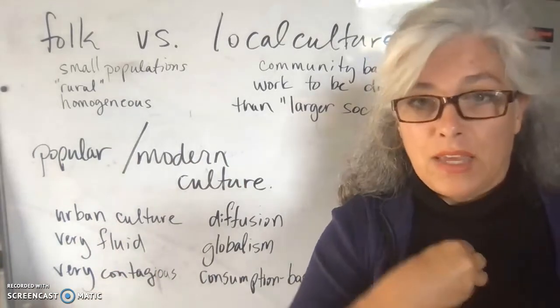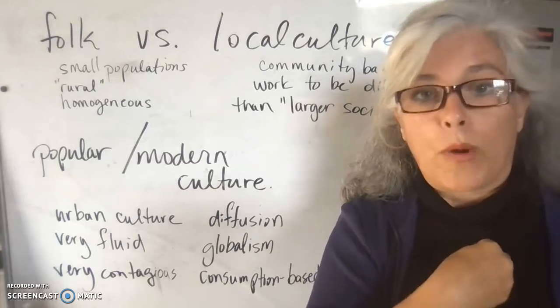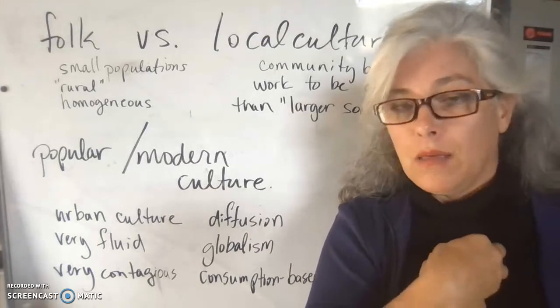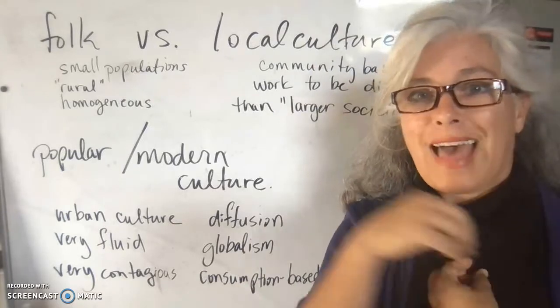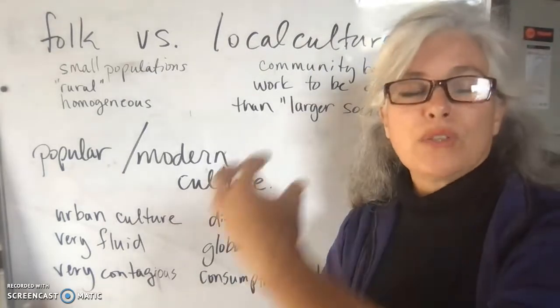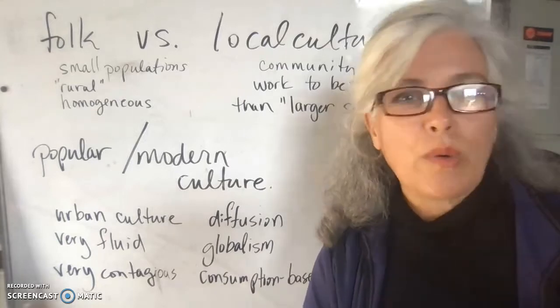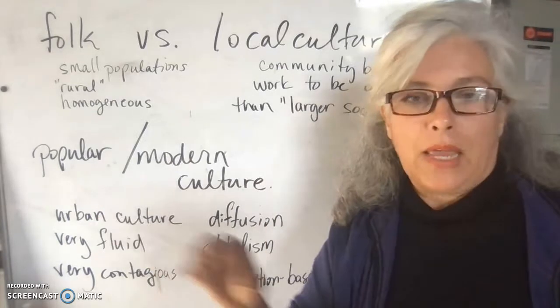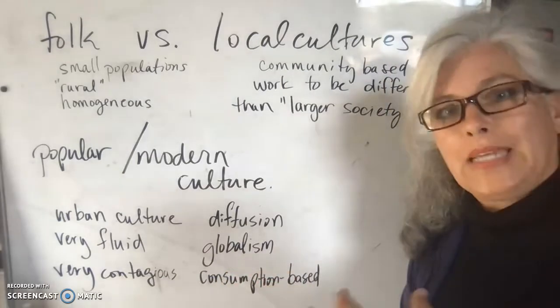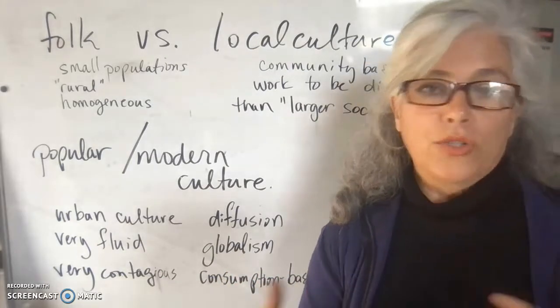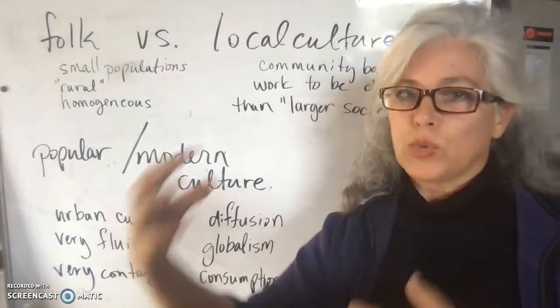If we, the industrialized people, the corporation, the modernists, the modernization theorists and those folks, if we want that land because we see that we can use it for a profit, or you don't know what to do with it, but I do, and so we're going to make something that it can participate in globalism and the consumption-based economy and cultural ways of life that the first world has.